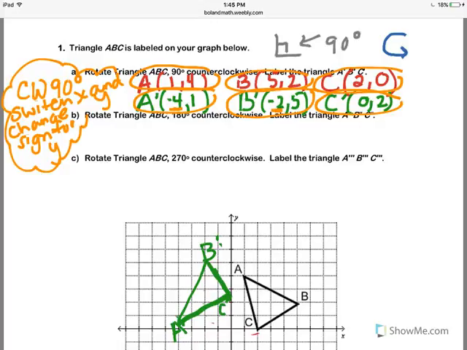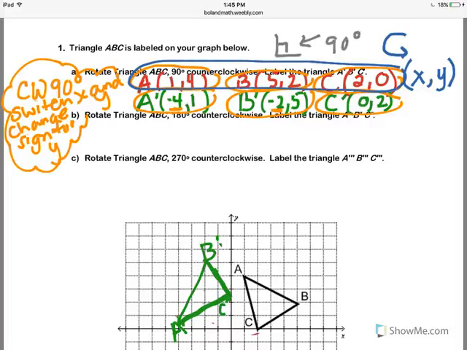Okay, and we formally write that, when we say that we're switching the X and Y, like our original coordinates were X and Y. That's all of these up top.